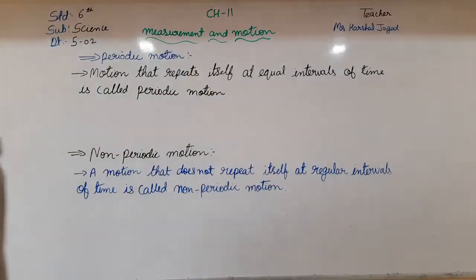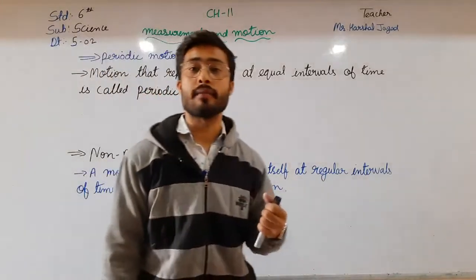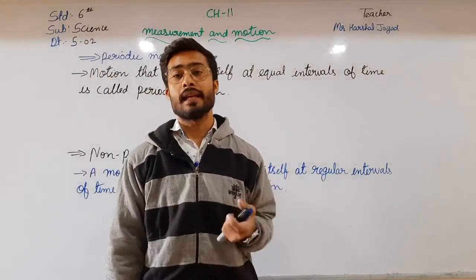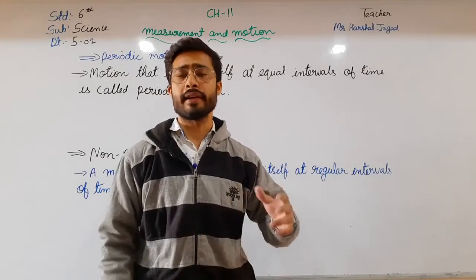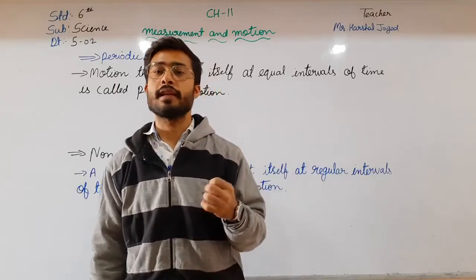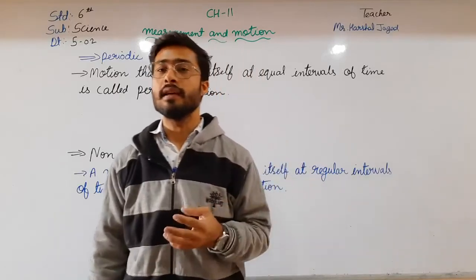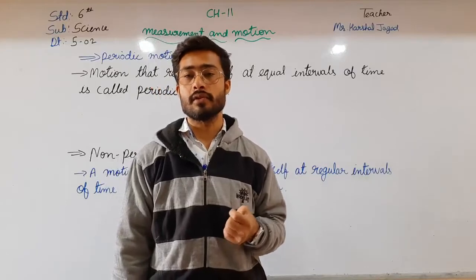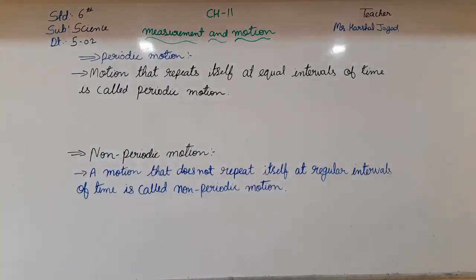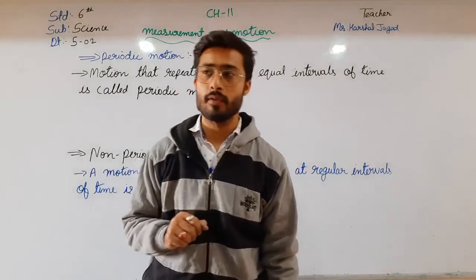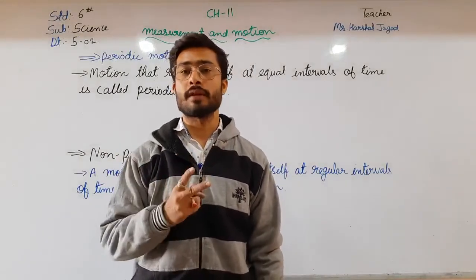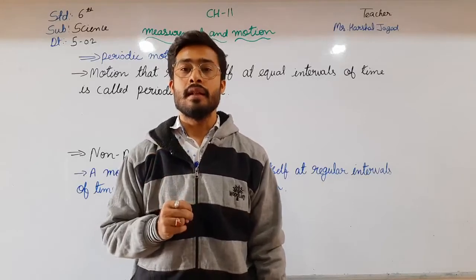You can think of more such examples. So here we have just completed our chapter, chapter number 11, Measurements and Motion. In that we have seen the different types of measurements and also different types of motions. In motion, first of all we have seen translation motion, then rotational motion, then periodic motion, and then non-periodic motion. In translation motion there were two types, rectilinear and curvilinear motions.